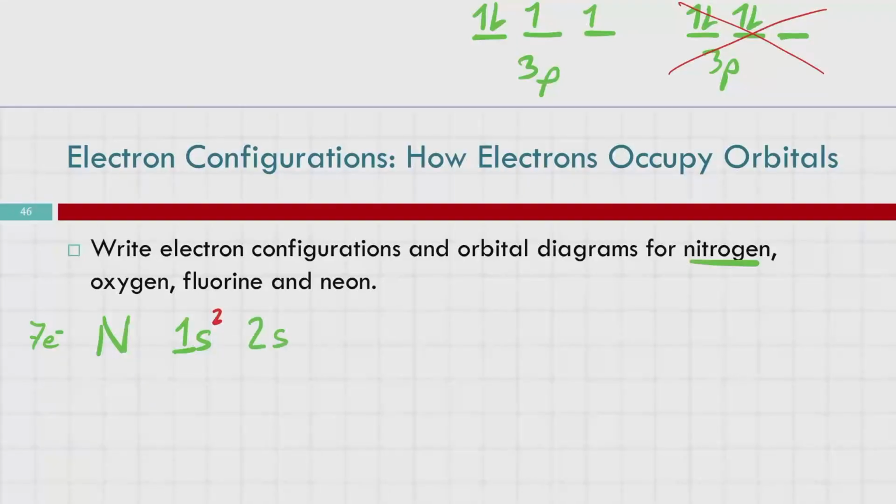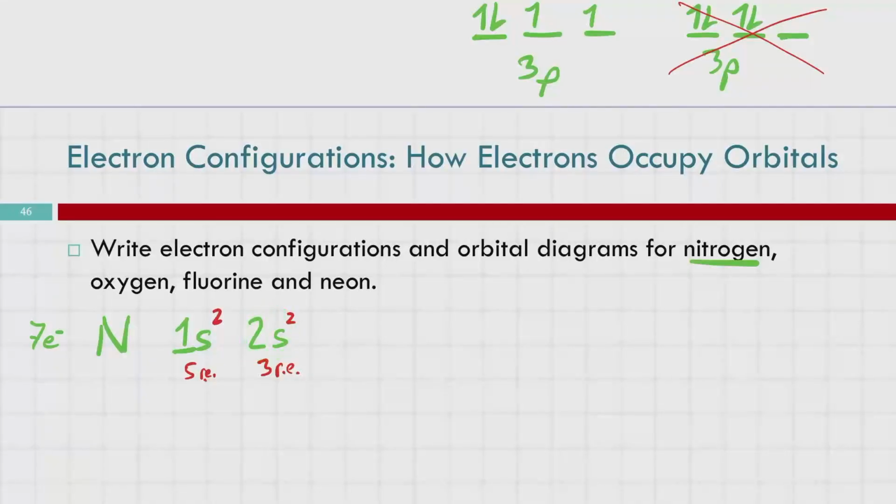After 1s comes 2s, and that one also can be filled up. And after we do that, we'll have 3 remaining electrons. So after 1s and 2s, we've allocated 4 of our 7 electrons. 7 minus 4 gives us 3 remaining electrons.